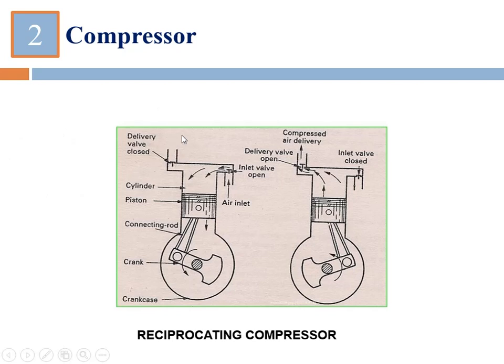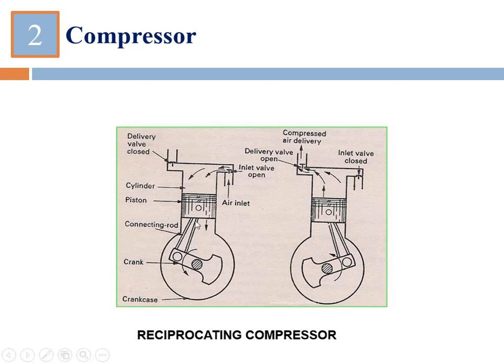So onto the delivery side we have some higher pressure. When the pressure within the cylinder, during the travel of the piston from BDC to TDC, reaches more than the delivery side pressure, then this delivery valve will open and the high pressure air gets supplied to the delivery side.